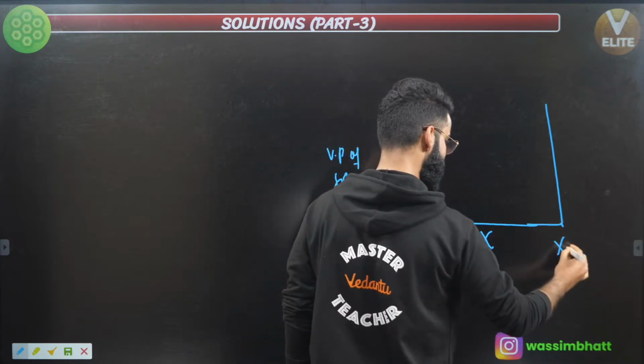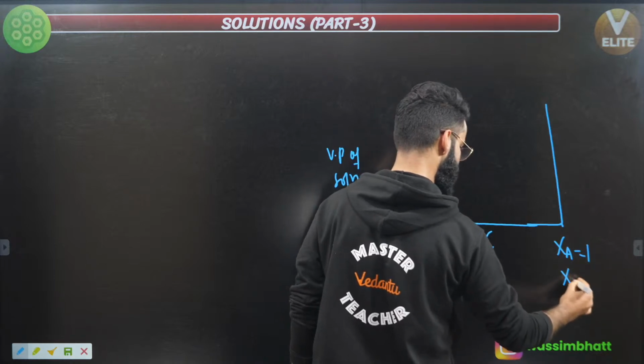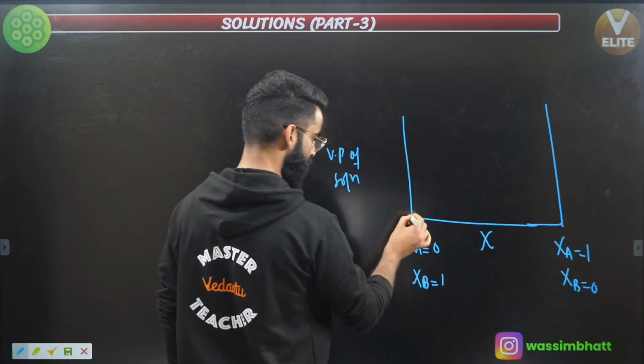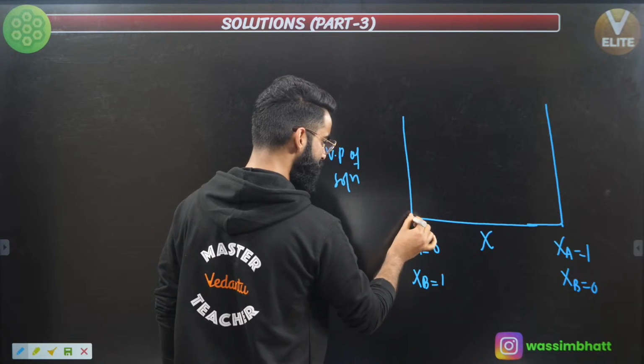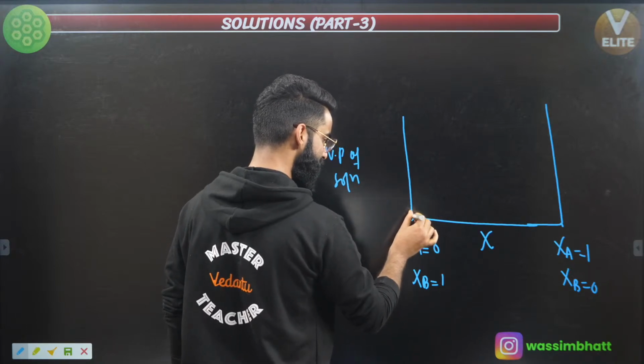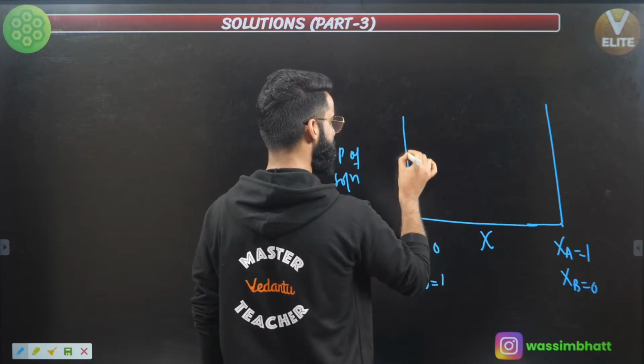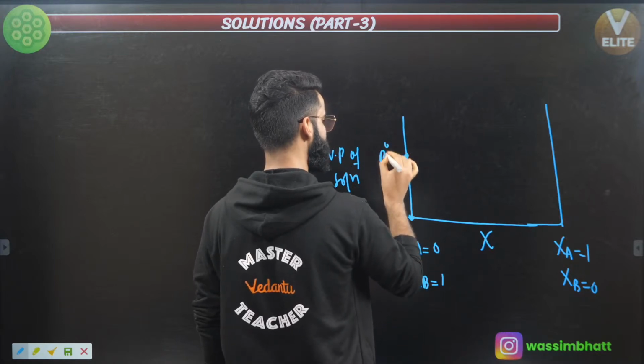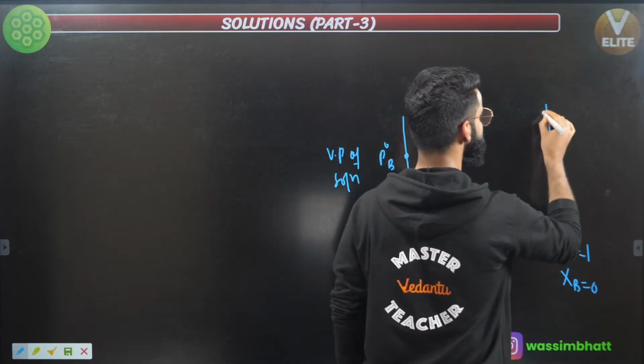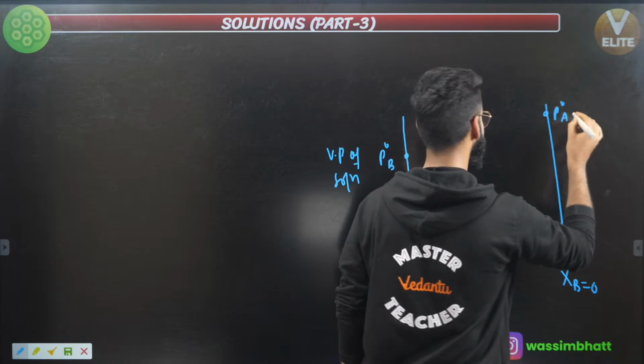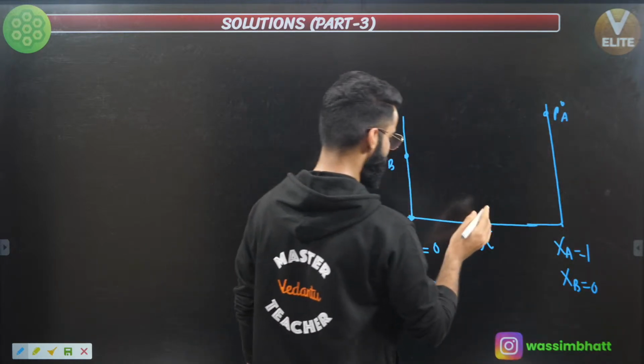Right here, chi A is equal to 1 and chi B is equal to 0, correct? So right here we have only B in the container. That means whatever the vapor pressure is, it's only because of B, which I call P naught B. Over here, this is P naught A, and I'm assuming P naught A is greater than P naught B, correct?